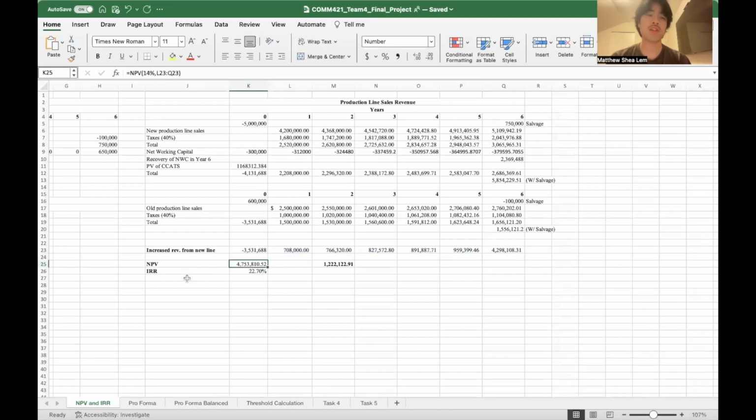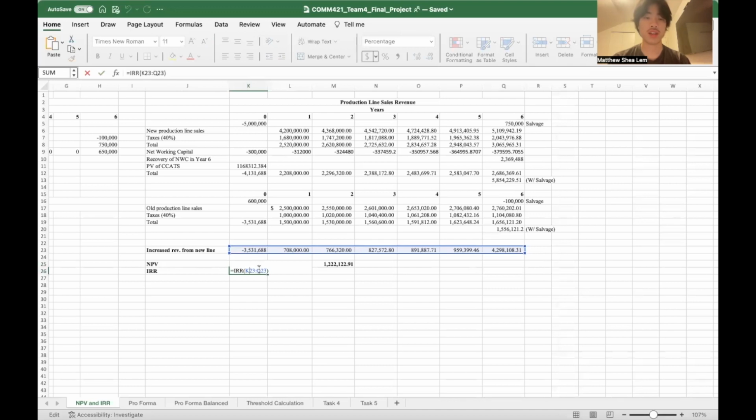The NPV that was calculated was $4,753,810.52. Then we subtracted the initial cost of the increased revenue from new line, which made the NPV now $1,222,122.91. After that, we calculated the IRR with the increased revenue from new line, which was 22.7%.